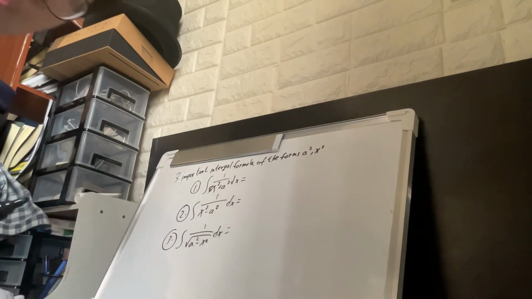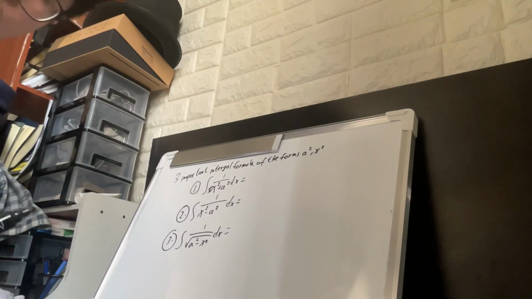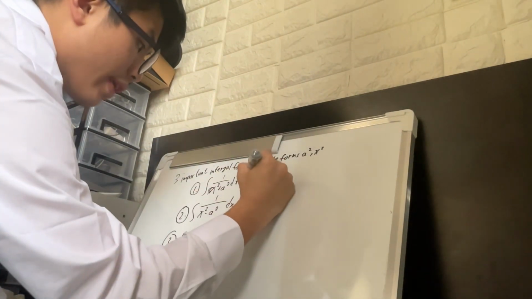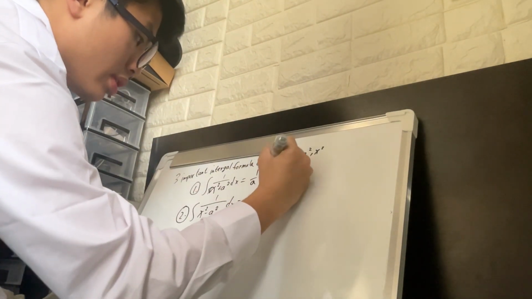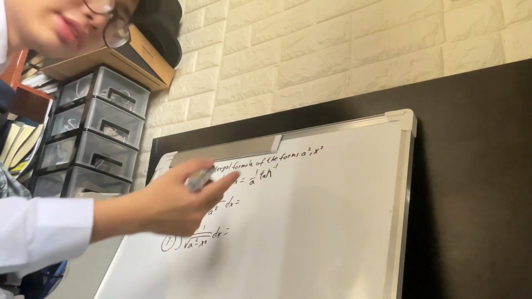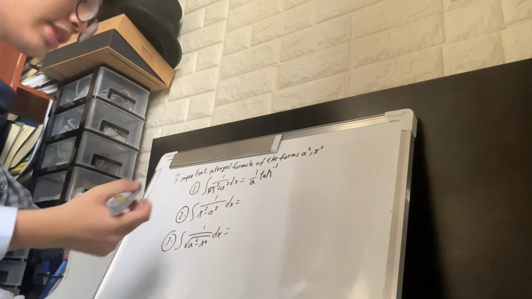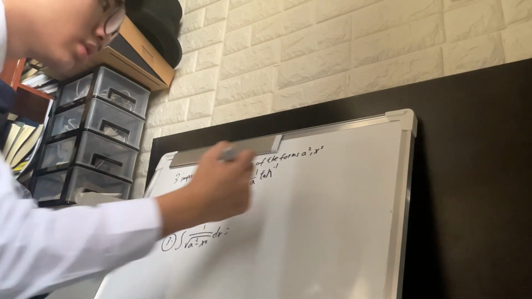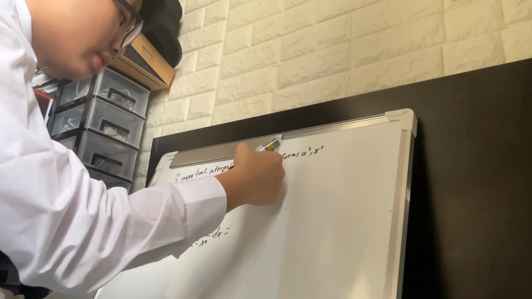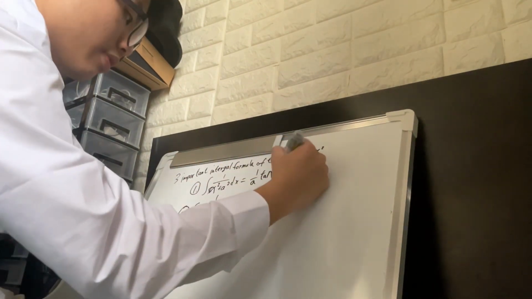So the first formula is 1 over a times inverse tangent of x over a.